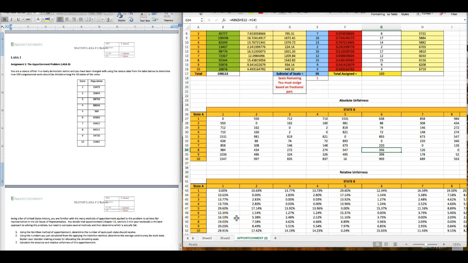Okay. All right. So with that being said, once these calculations are done, just write a paragraph or two explaining the process that you've done. And of course, in those one or two paragraphs, you can talk about how you calculated absolute and relative unfairness to show how we get some of these numbers here.